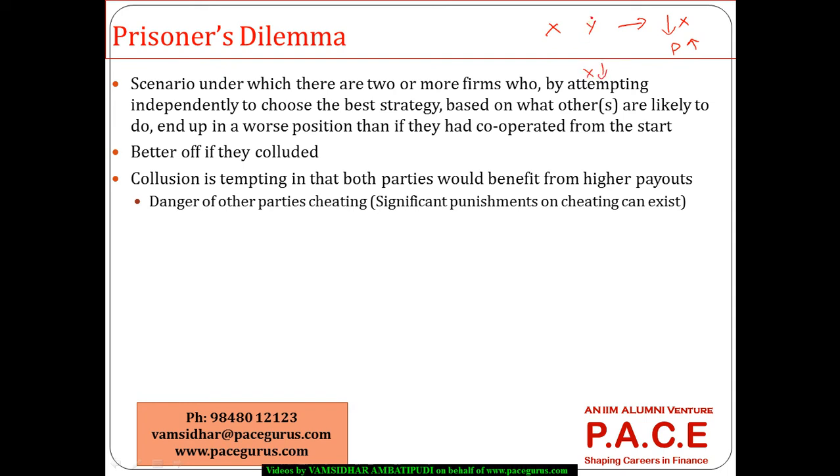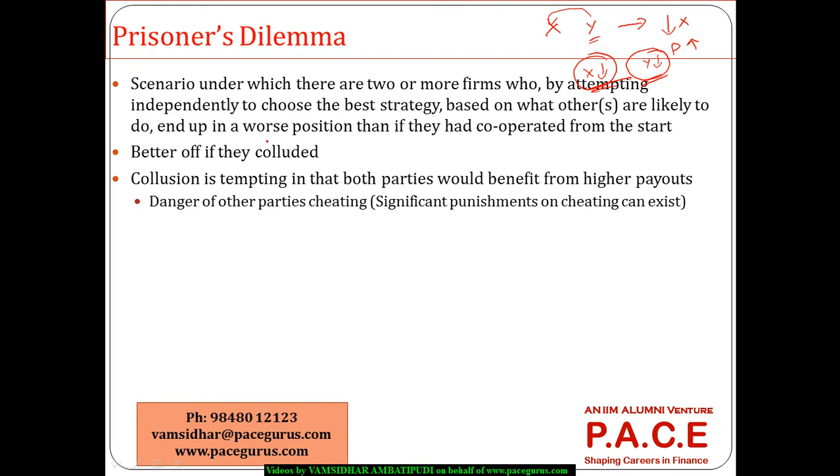Then all the customers from Y, X is going to get, and Y will be wiped out of the business. With that kind of an intention, X may suddenly drastically drop the price. Y could have the same intention, which means at the end, in an intention to cheat, both the companies will drastically reduce their price, which will be beneficial to the customers, but both the firms will be worse off.